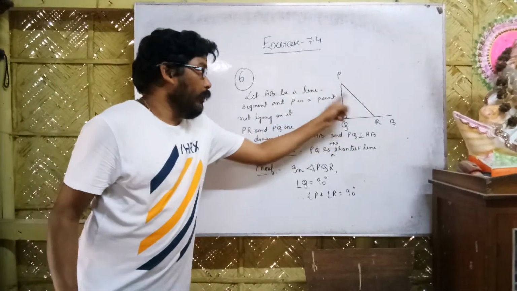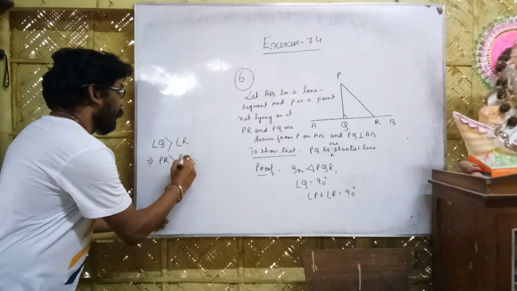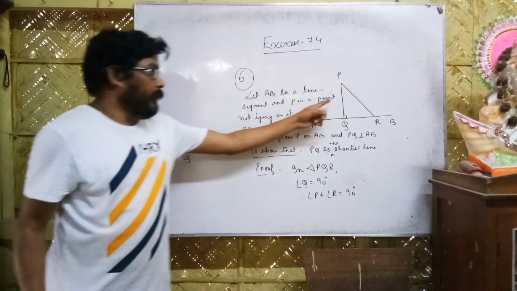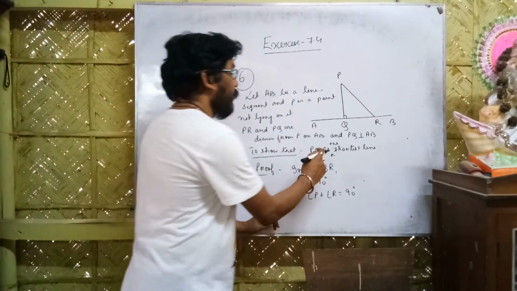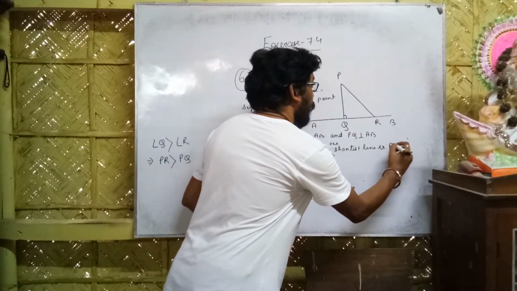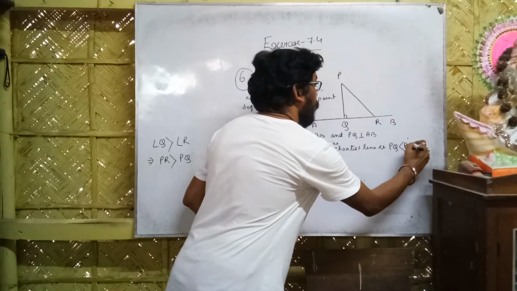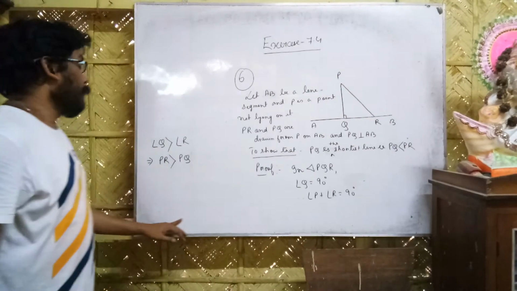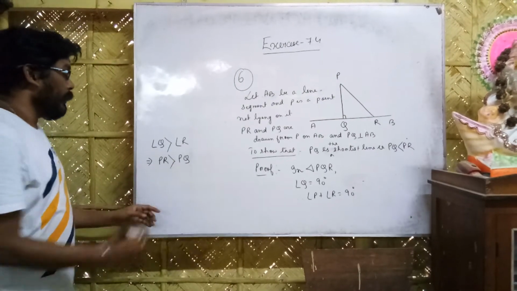And angle R opposite side is PQ. So that is what I have to show: PQ less than PR.